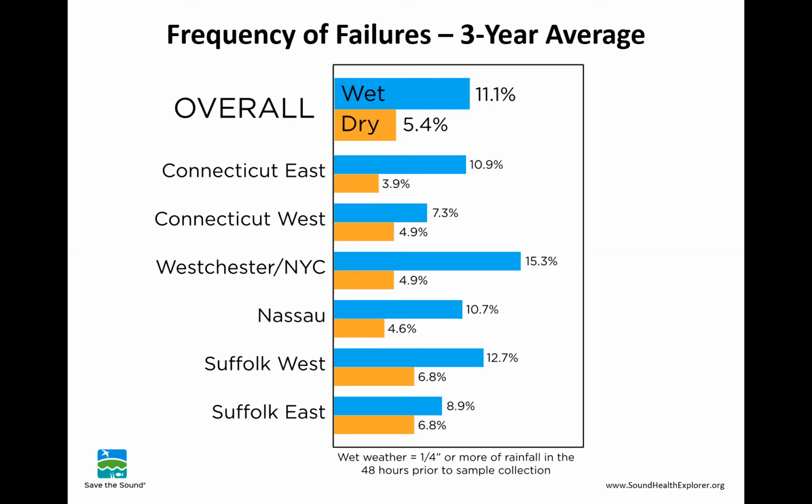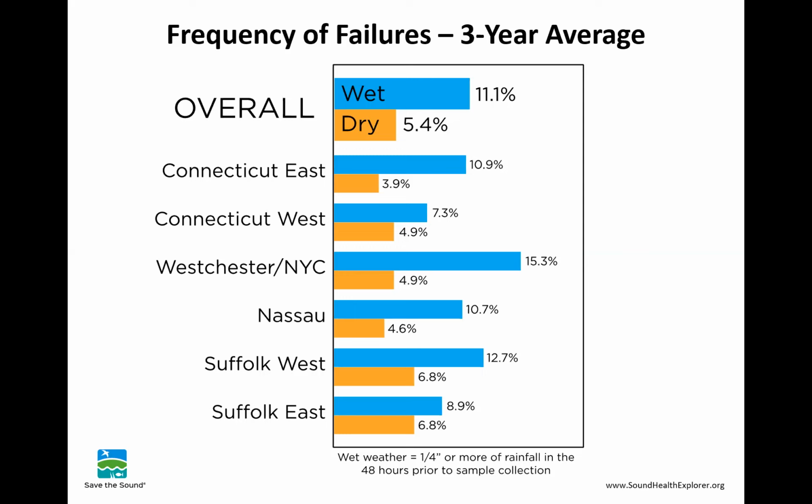So, a 1/4 inch, you close a certain list, a 1/2 inch, you go to a bigger list, et cetera, et cetera. One of the interesting things about this chart, as you'll see, is when you go to Westchester, New York City, where you have New York City's massive combined sewer overflow system, you see a much bigger failure rate.